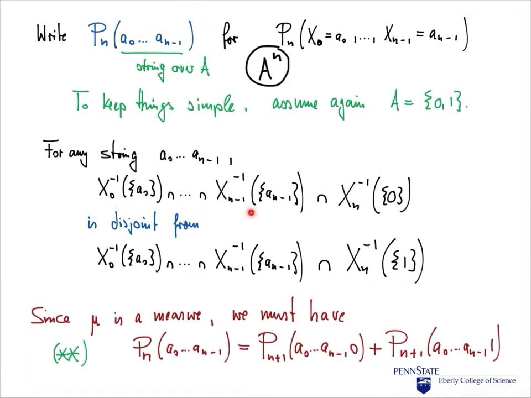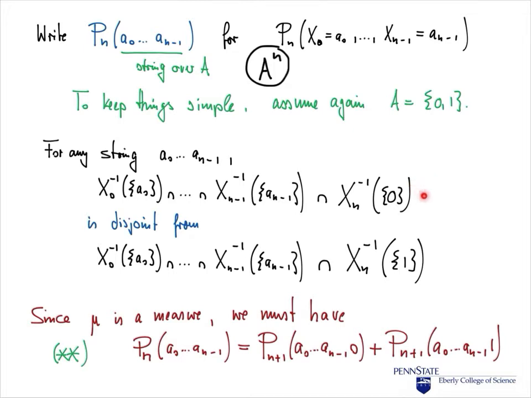Notice here the difference is just that here we intersect with the pre-image of 0 with respect to x_n, and here we intersect this set with the pre-image of 1 with respect to x_n. So we continue the process. We look at one more random variable in the process. Well, these sets are disjoint, right?